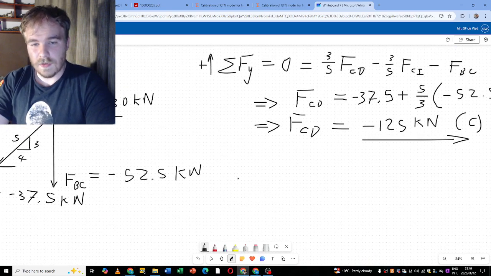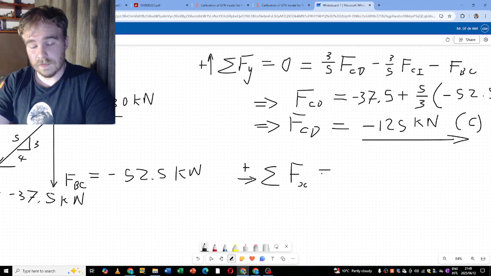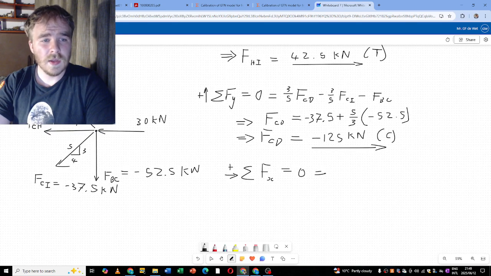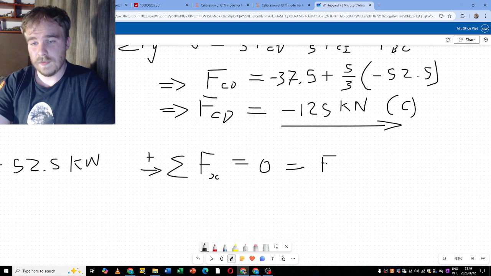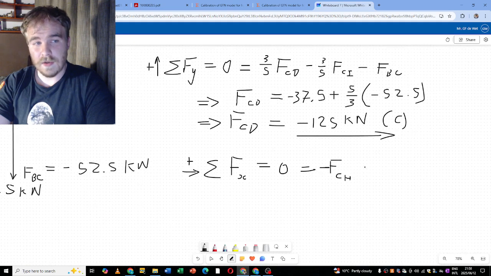All right, let's go and do sum of forces in the X direction. Here's 0. Sum of forces in the X direction, and we want to calculate FCH. FCH, but it's in the negative direction, so we put a negative there.